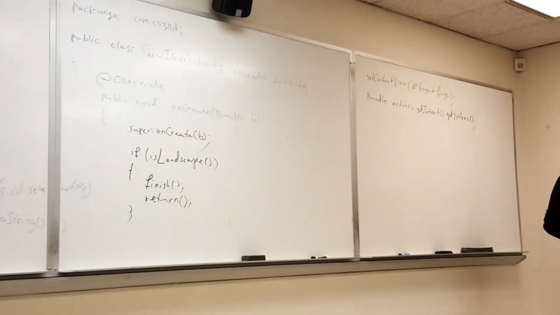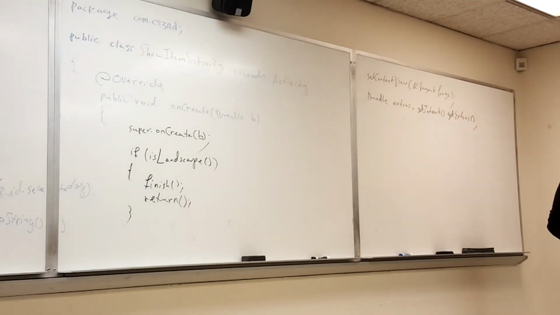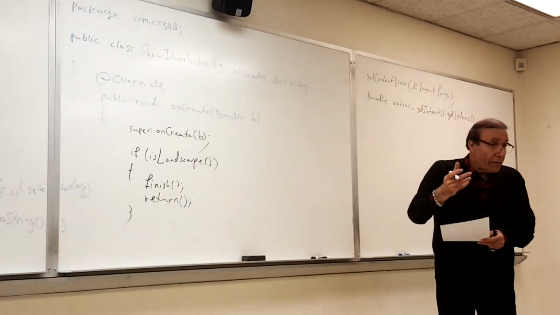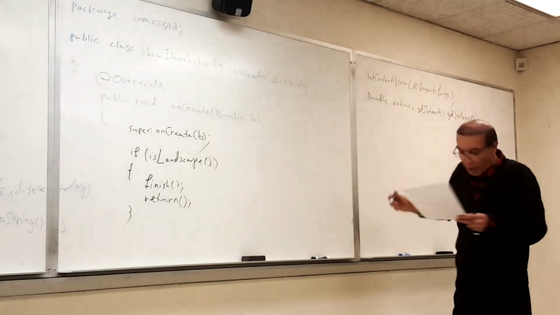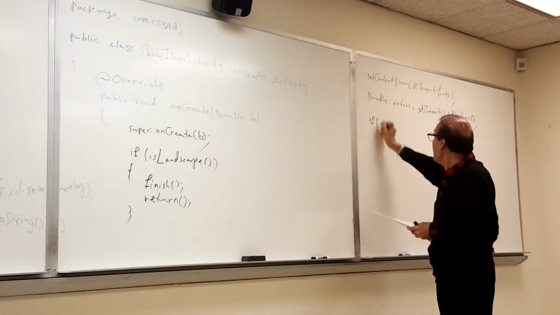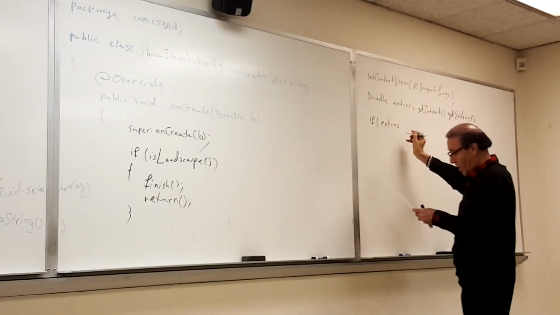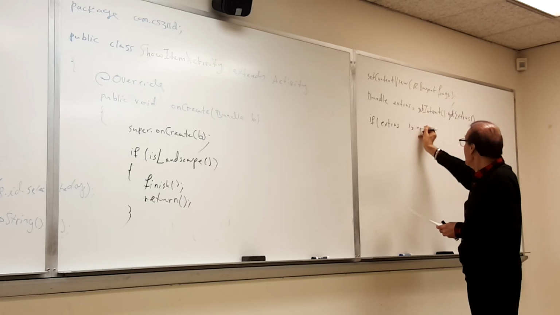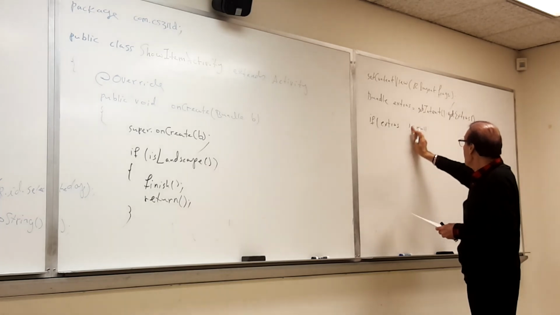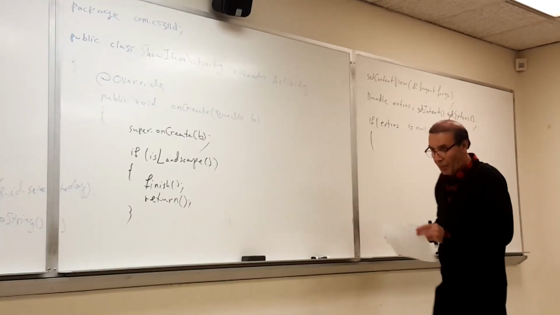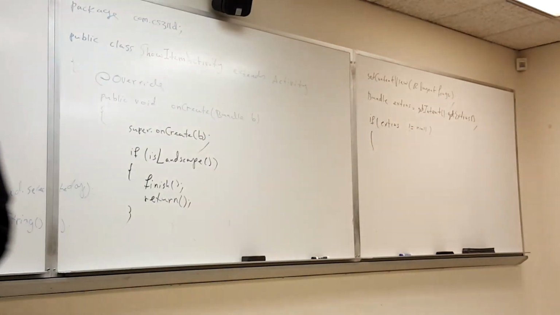I got the data. Actually I created the object of the bundle. Now we need to check if data is sent to me, maybe data is not sent to me. If extras not equal null, it means if we have data. Couple of lines and that's it. Three more lines.